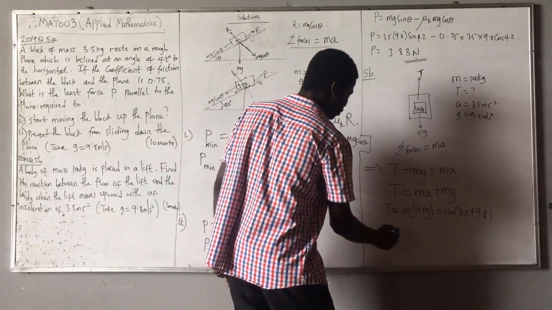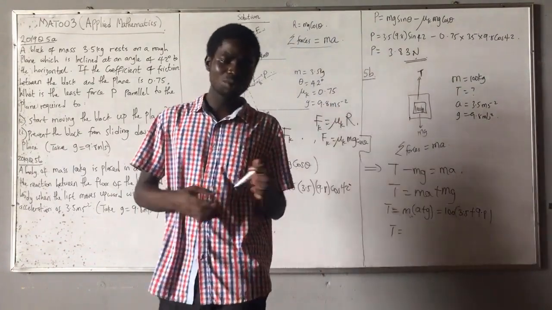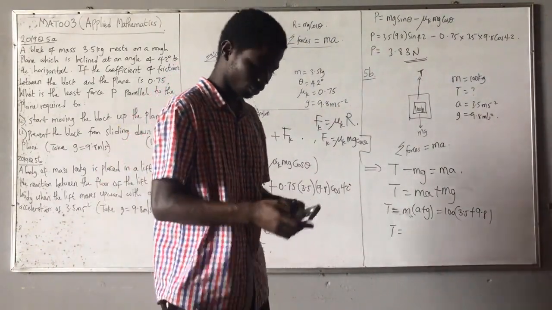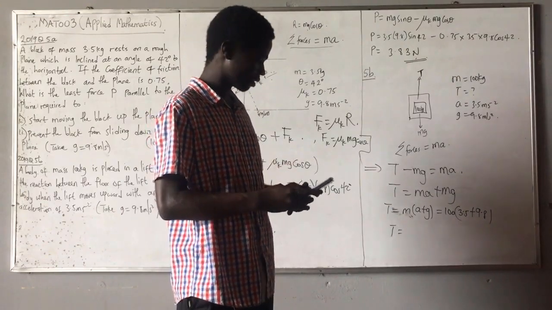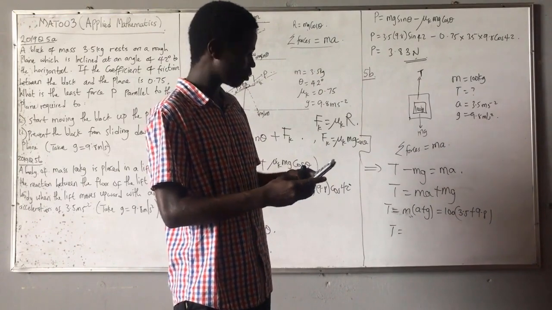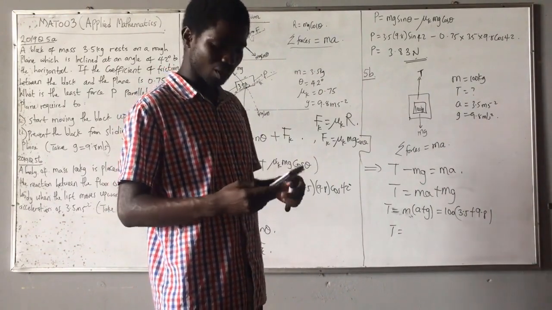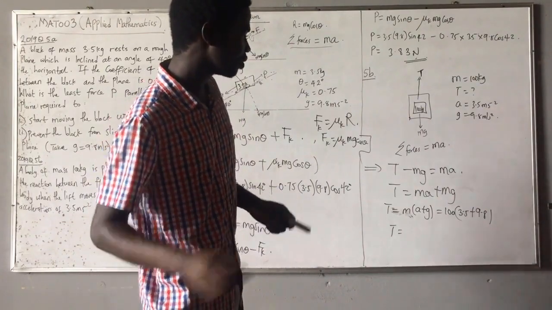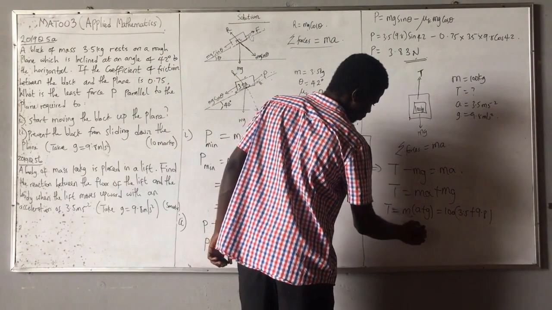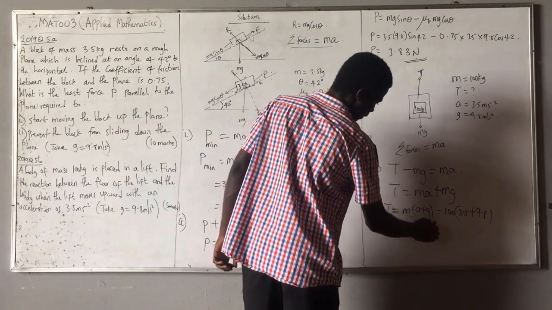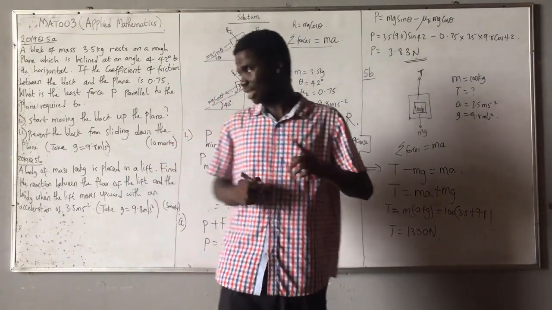So T will be equal to 3.5 plus 9.8, which will give me 13.3 multiplied by 100, 1330 Newton. That is the tension.